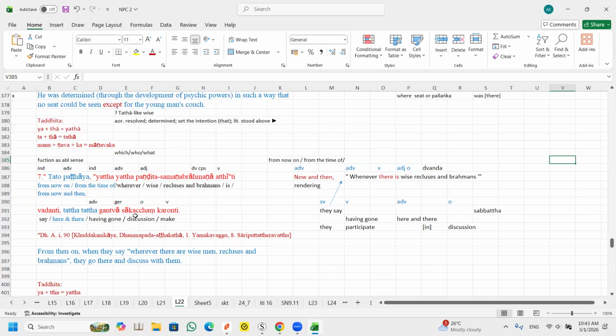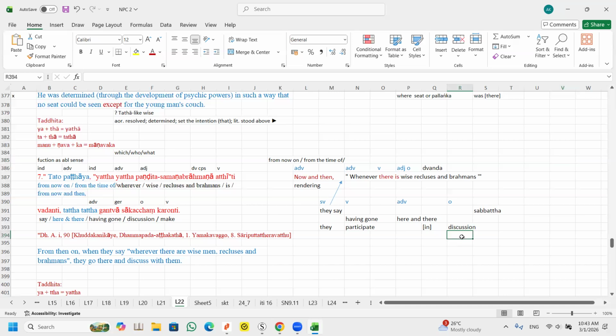Then you see karonti. This verb takes this object. In this case, the word karoti comes from the root kara: karati, karoti. In this case, you cannot use the word "make," because you see the word sakaccha means a discussion.